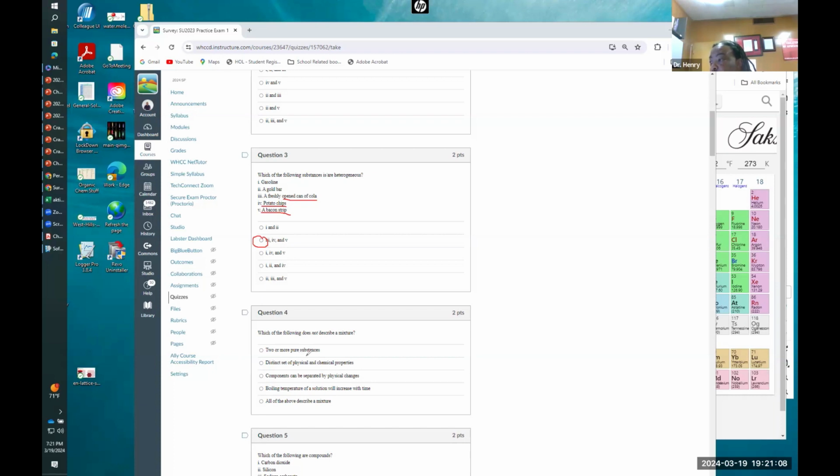Two or more pure substances, distinct set of physical and chemical properties, components that can be separated by physical change, boiling temperature of a solution will increase with time. All of the above describe a mixture.